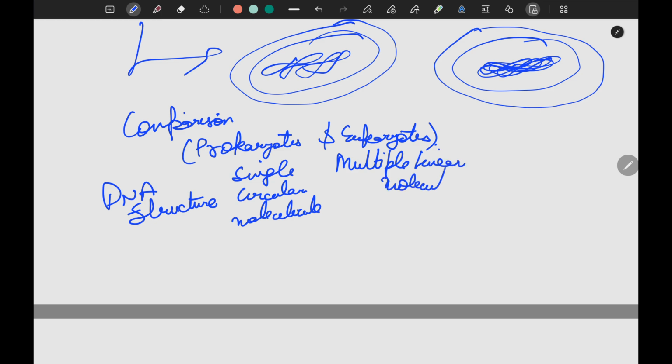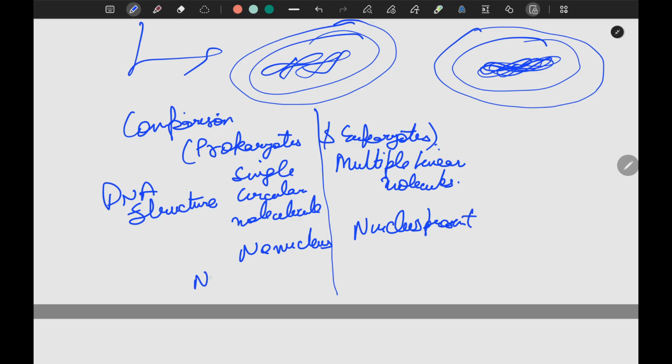In prokaryotes there is no nucleus; in eukaryotes the nucleus is present. In prokaryotes there is no spindle apparatus; in eukaryotes it is present.